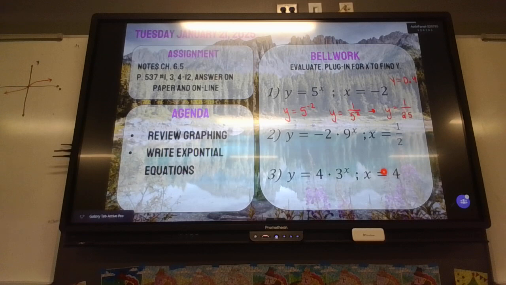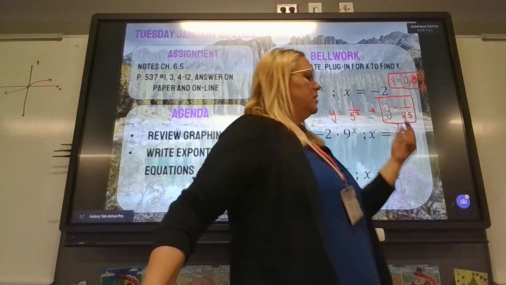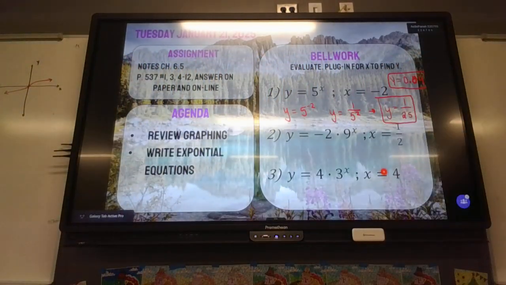Is it 0.04? Yeah, 0.04. That's the equivalent of 1/25. So honestly, I prefer 1/25 more. That shows an understanding of negative exponents, but 0.04 is also very good.